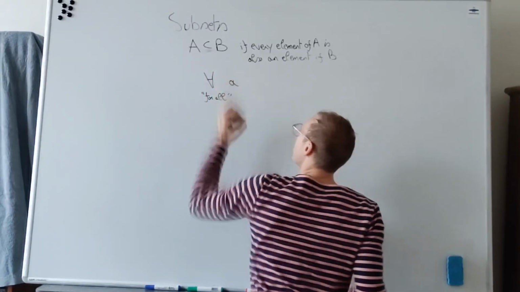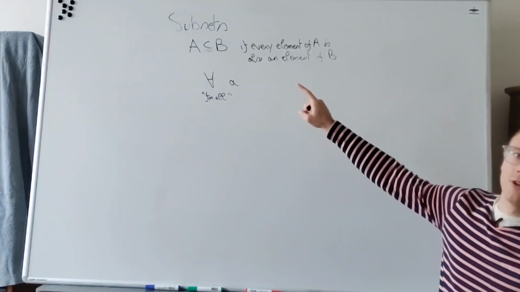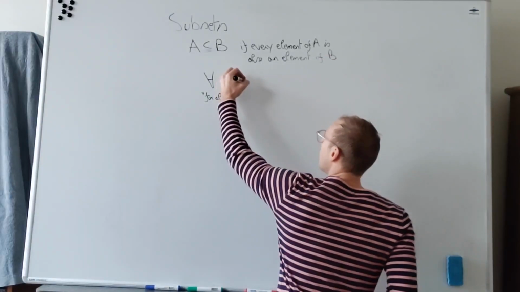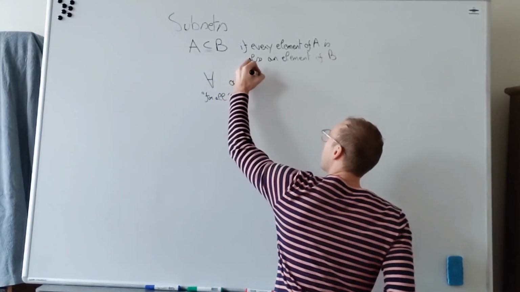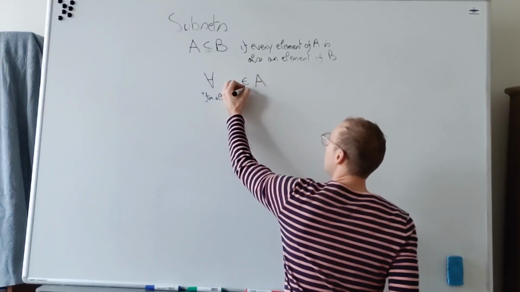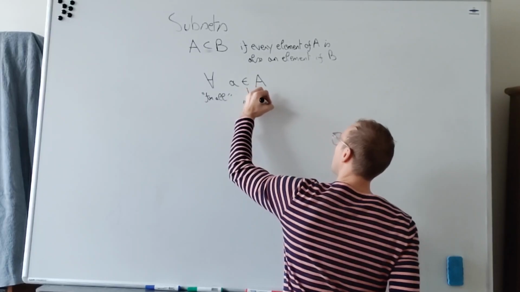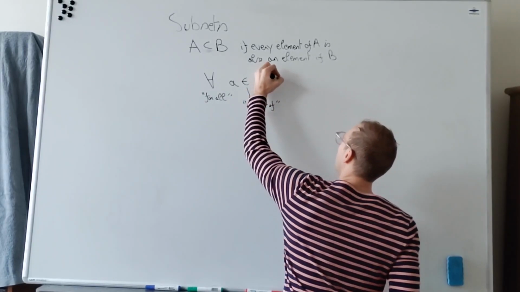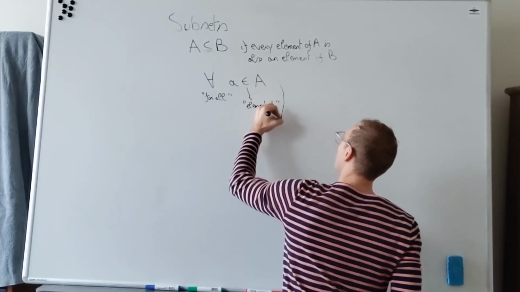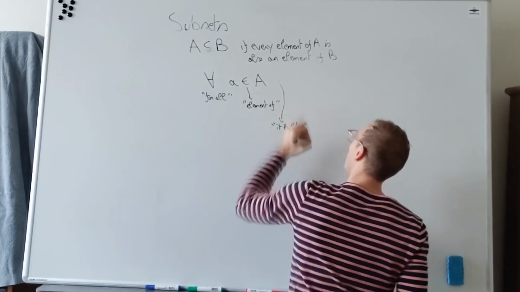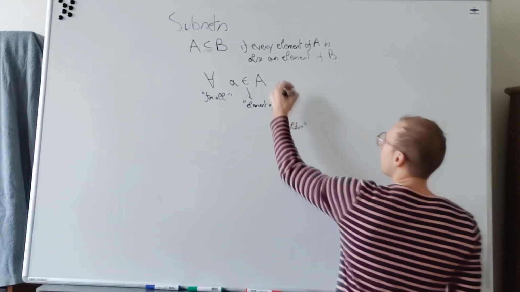For all elements of a subset, we often use small letters for that. For all a an element of the subset A, so this is to be read an element of. Then we use a colon, which reads it holds, or it holds that.